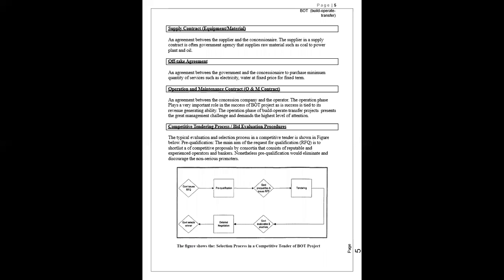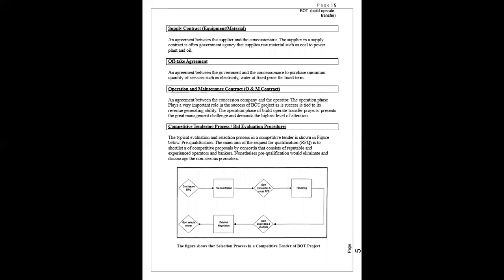Then the operation and maintenance contract. The agreement between the concession company and the operator. The operating phase plays a very important role in the success of BOT projects, as the success is tied to its revenue generating ability.